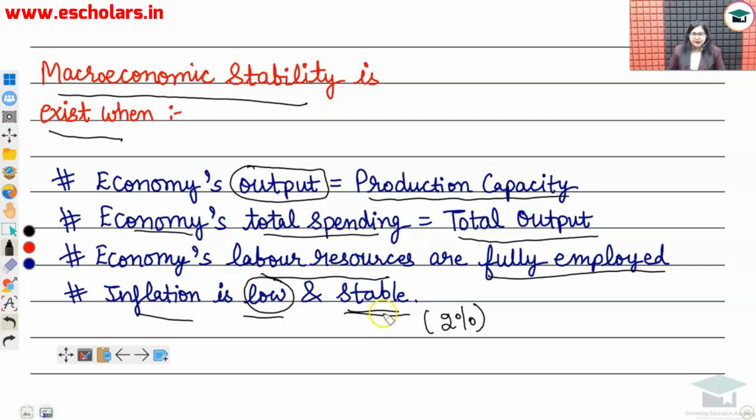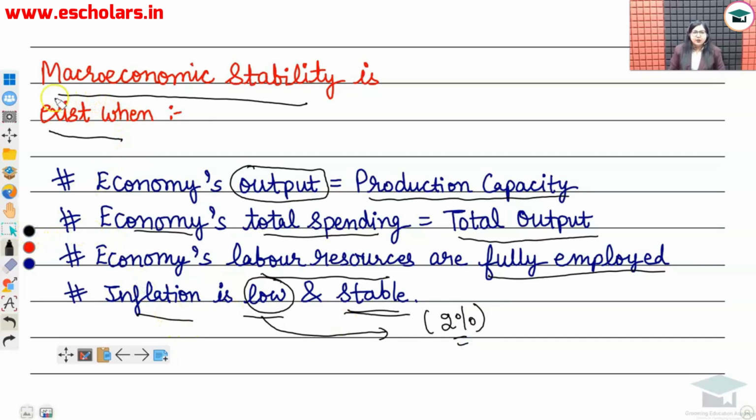Here we need to note, students, that a little inflation, that is inflation up to 2%, is good for the economy. So a low inflation should be there in order to promote economic growth. So macroeconomic stability only exists whenever there is low inflation going on in the economy. That is, the inflation is up to 2% in the economy.